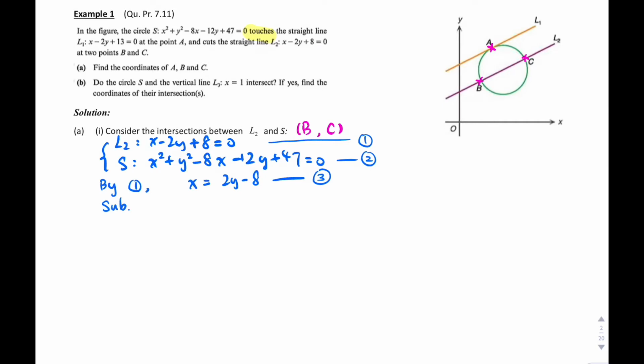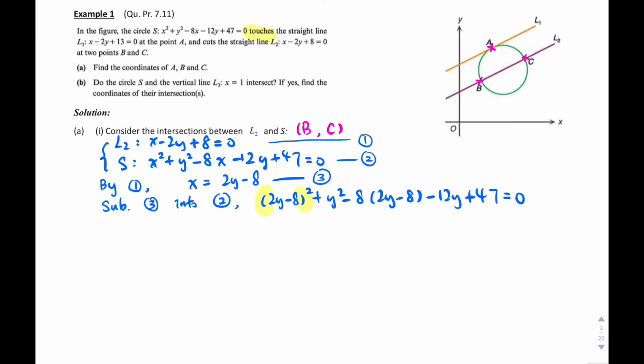And then we substitute equation 3 into the equation of the circle, equation 2. And for this case, you have to replace x by 2y minus 8. Beware of the brackets.